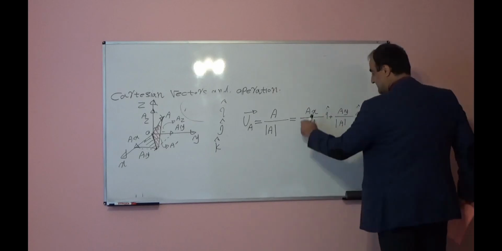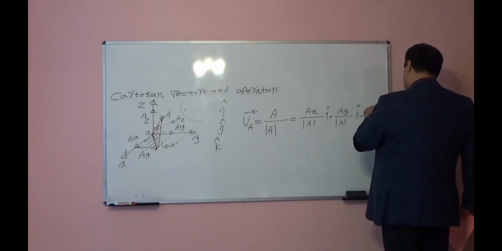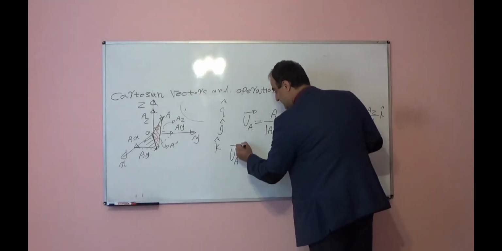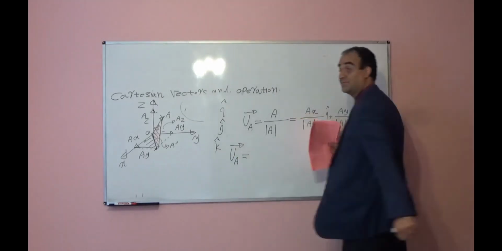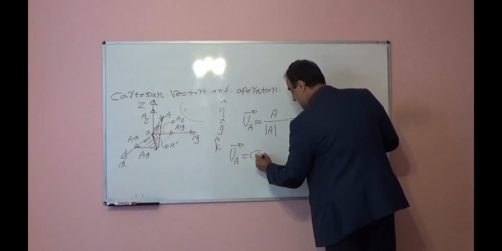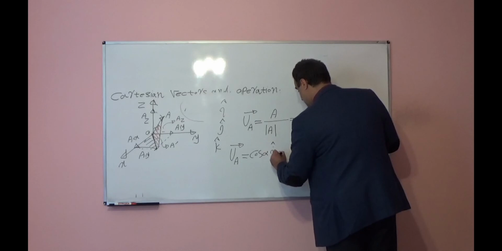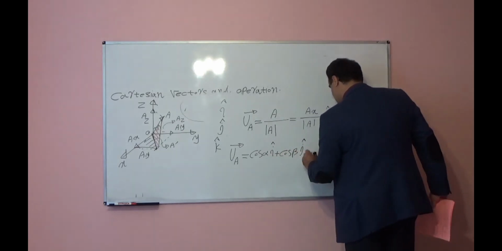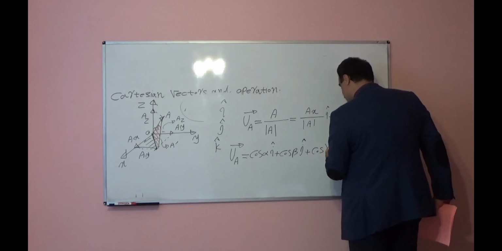And because this is cosine alpha, this is cosine beta, this is cosine gamma, I can say the unit vector in the direction of vector A is equal to cosine alpha i plus cosine beta j plus cosine gamma k.